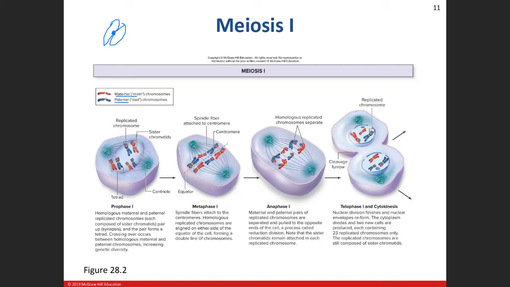Okay, so when we go down here, you notice when we get down to these pictures, we're like, wait a minute. Those aren't all red, or those aren't all blue. I can see on this blue one, there's a little bit of red on there. That's right, because what will happen is we'll have what's called crossing over, where some of these chromosomes will randomly cross over on one another, and they'll swap genetic information.